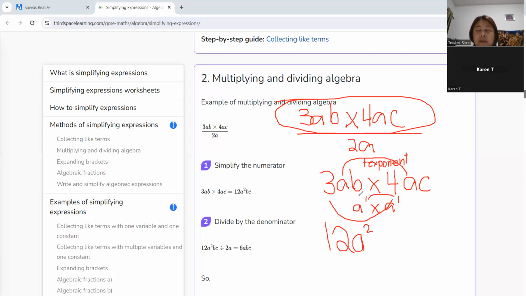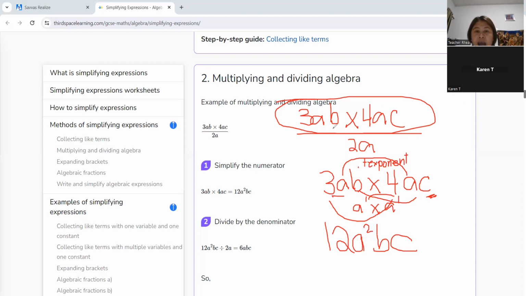Next is b. There's no b in 4ac, so you just copy the b, because it is understood that b has an exponent equal to 1. And c, in 3ab there is no c, so just copy c again without the exponent.